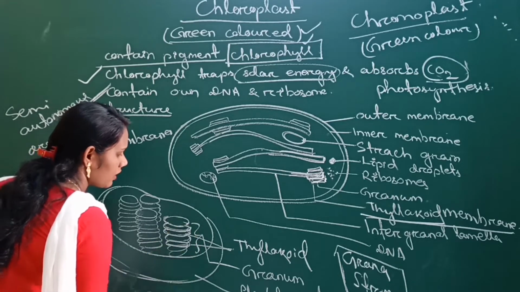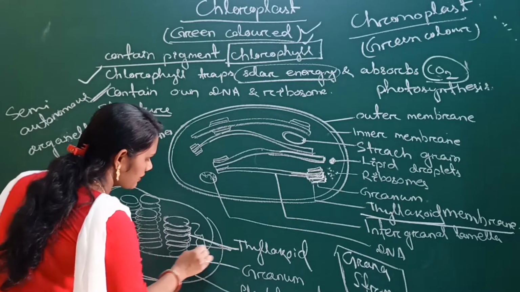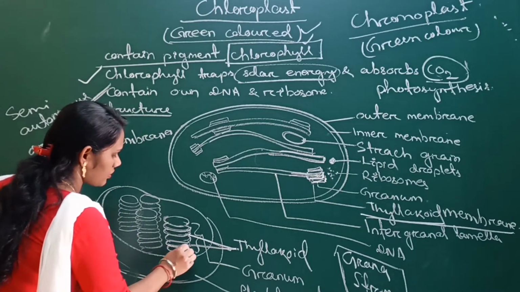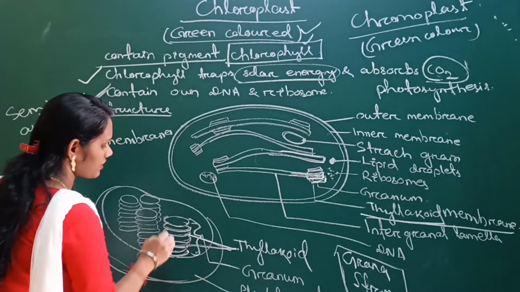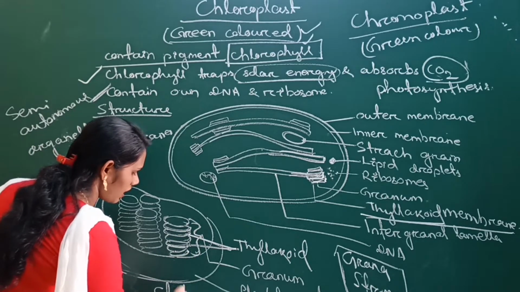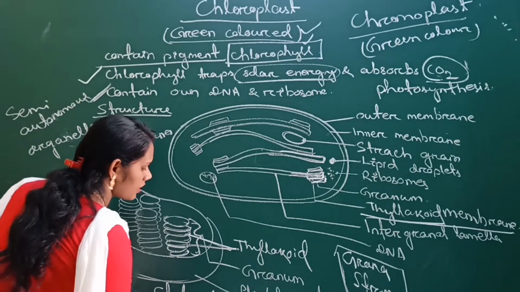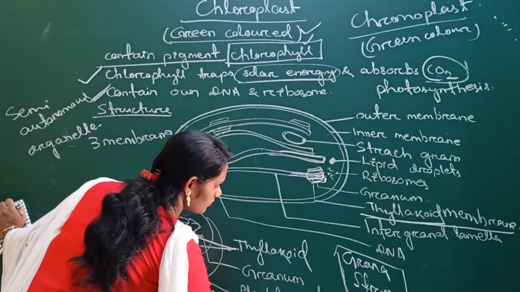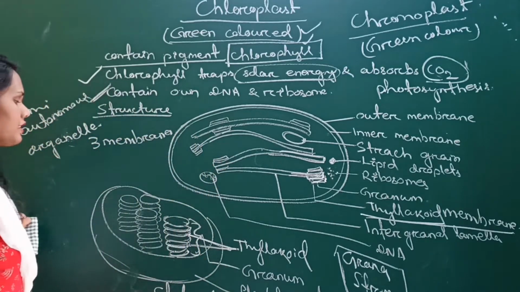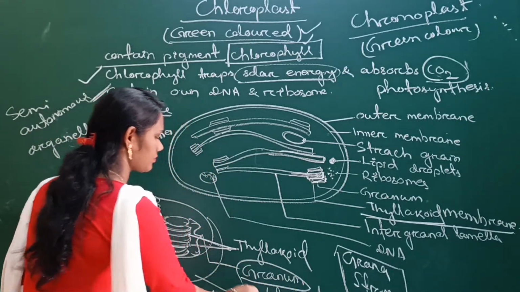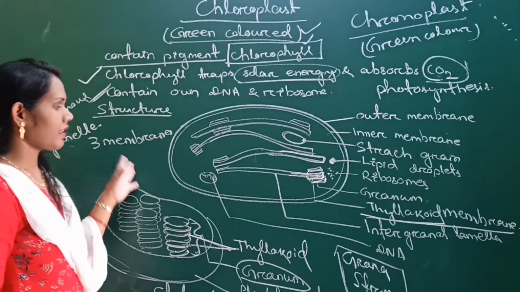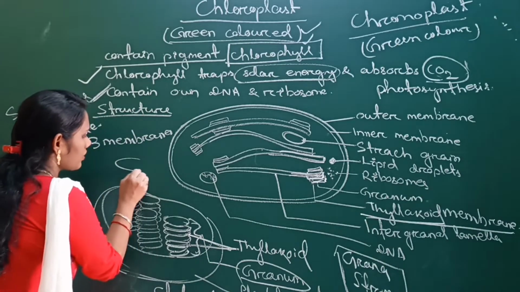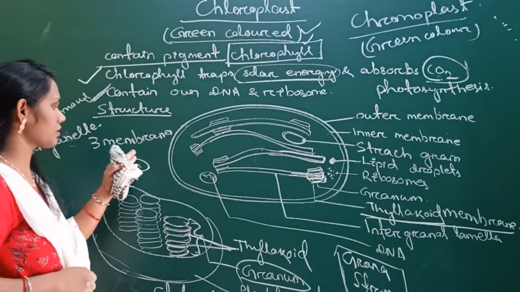That is called a thylakoid. One disc is called a thylakoid, and when these disc-like structures form a stack, a stack of thylakoids, it is called a granum. So normally the thylakoid membrane is folded and arranged into a disc-like structure called a thylakoid.